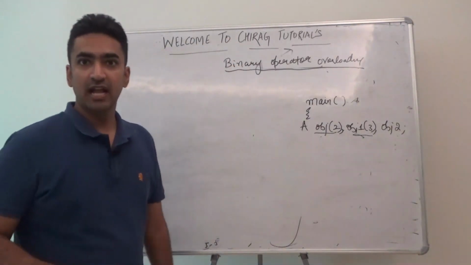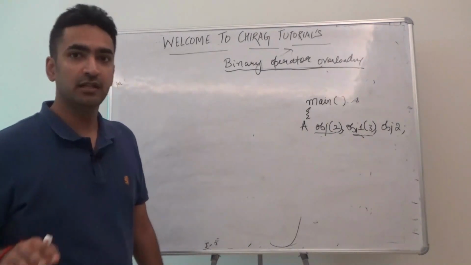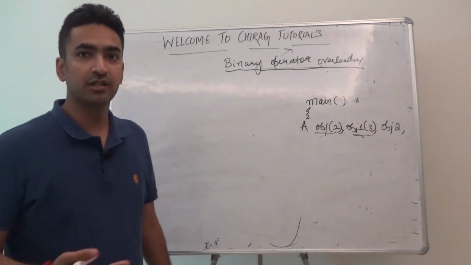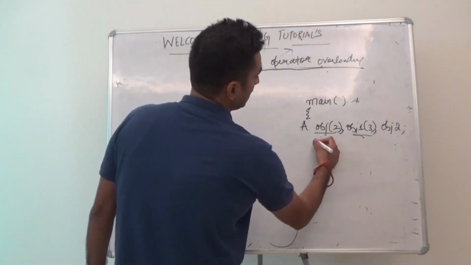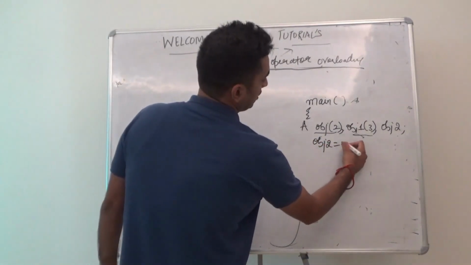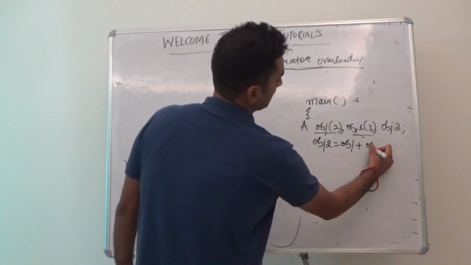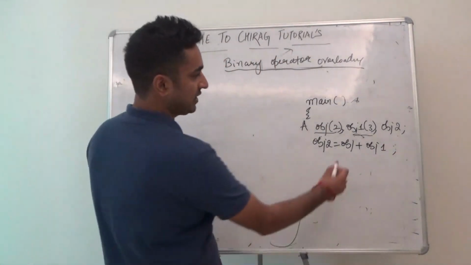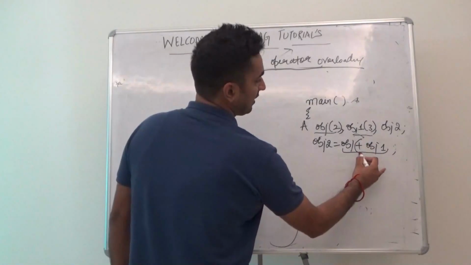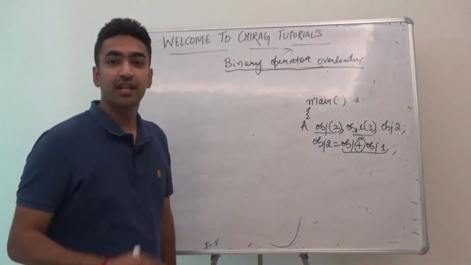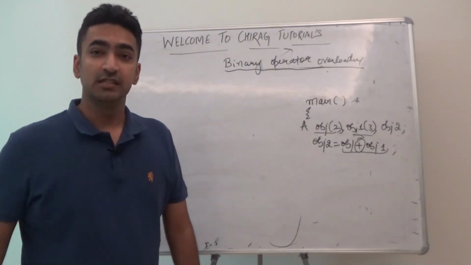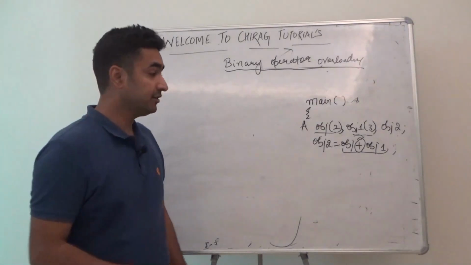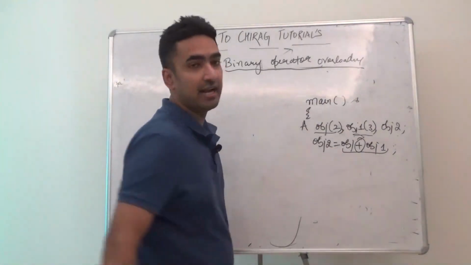Now what I'll do is I'll add two objects and give the answer to another object or return to another object. So I'm just writing obj2 is equal to obj plus obj1. So guys, over here two objects are added. It means plus function is used. Whenever we are using a plus operator, it means two objects are added.